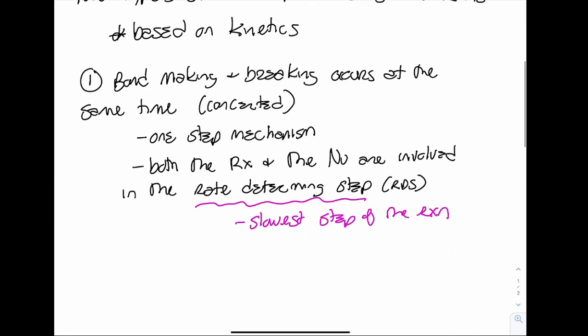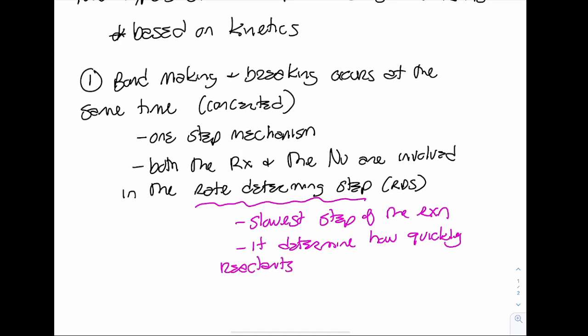Our reaction can never proceed faster than our slowest step. So the overall rate of our reaction, how quickly we can go from reactants to products, is determined by this step. And that's why we give it the name rate determining step. It determines how quickly reactants are converted to products. We can look at it as the amount of reactants decreasing or the amount of products increasing.